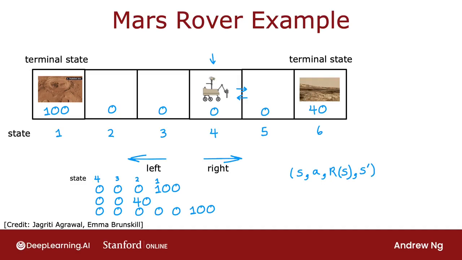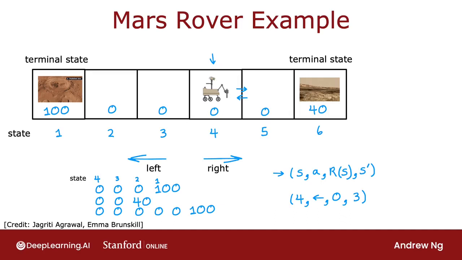So as a concrete example, when the robot was in state 4 and it took the action go left, it enjoyed, well, maybe didn't enjoy the reward of 0 associated with that state 4, and it wound up in a new state 3. When you learn about specific reinforcement learning algorithms, you see that these 4 things, the state, action, the reward, and the next state, which is what happens basically every time you take an action, will be a core element of what reinforcement learning algorithms will look at when deciding how to take actions.